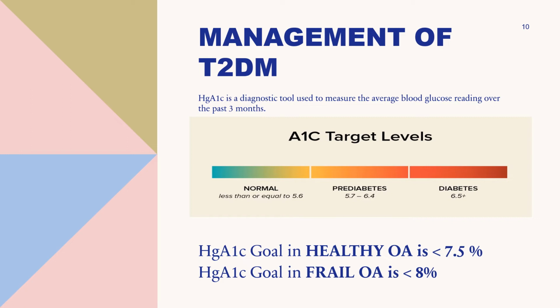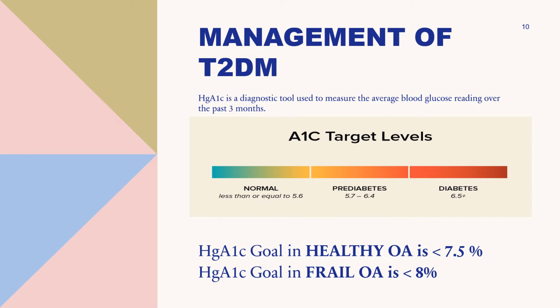But in general, the goal for a healthy older adult is to get that hemoglobin A1C less than 7.5%. Okay? Healthy older adult, less than 7.5%. In a frail older adult, we're going to shoot for less than 8% on a hemoglobin A1C. The reason for this is the risk of hypoglycemia among older adults is increased, and manifestations of hypoglycemia are often mistaken for other neurological things.